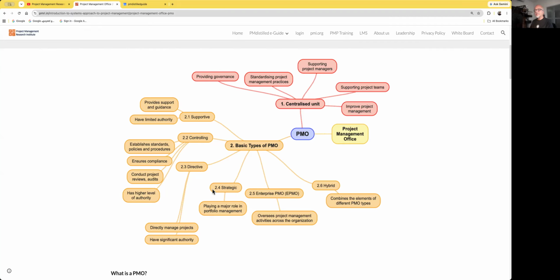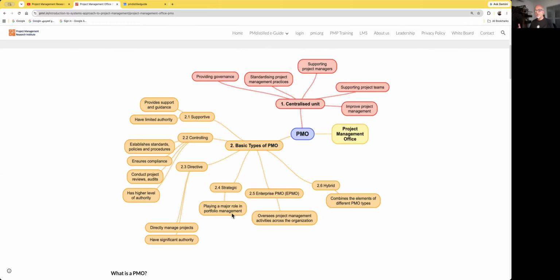Then we have strategic PMOs. If in organizations, large organization, the strategic PMOs exist at the corporate office, providing insights and guidance to the top management. They play a major role in portfolio management.